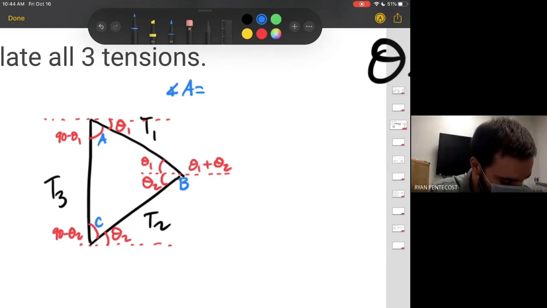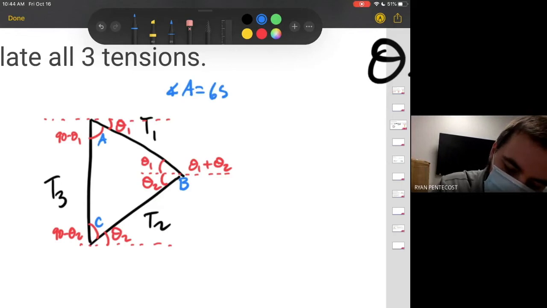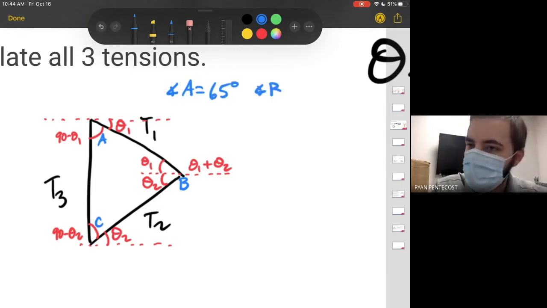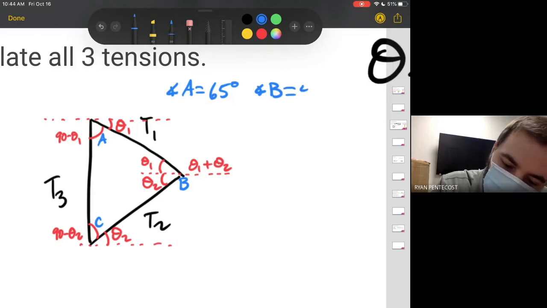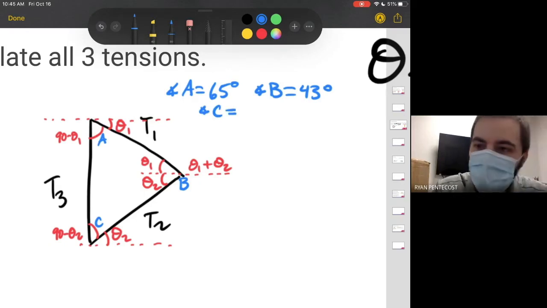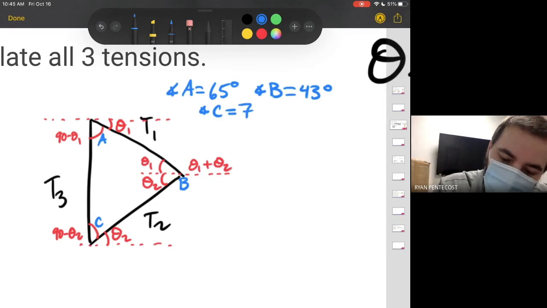Theta 1 is 25, so we have an angle of 65 degrees. Angle B is theta 1 plus theta 2, which is 25 plus 18, so you get 43 degrees. And then angle C, we have 90 minus 18, that comes out to 72 degrees.